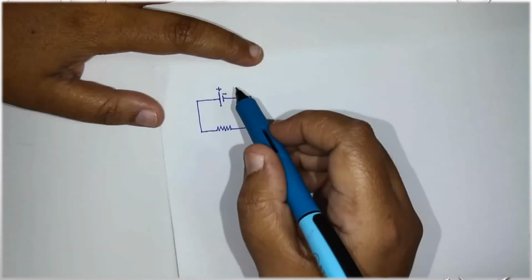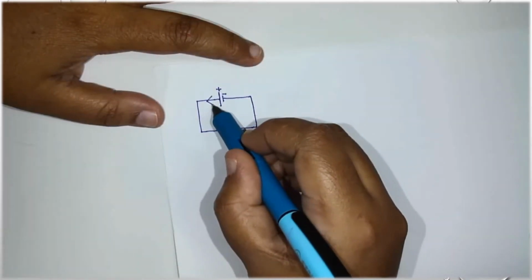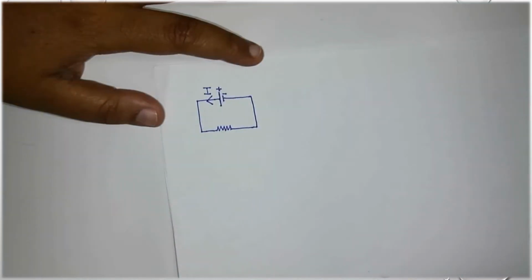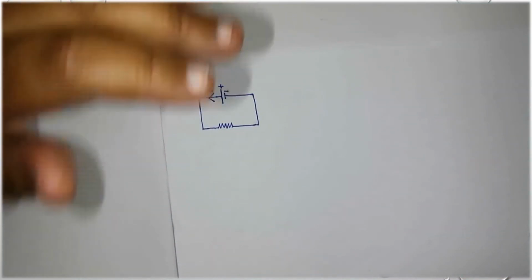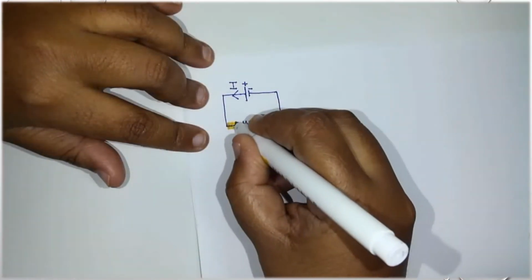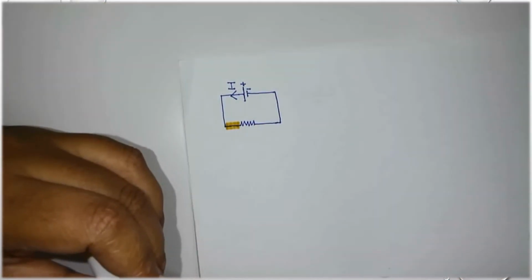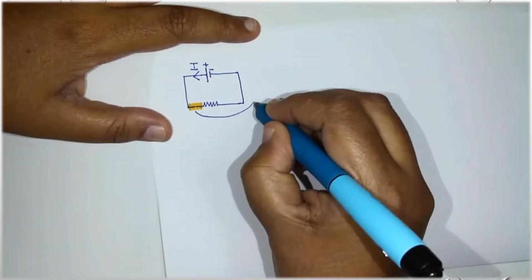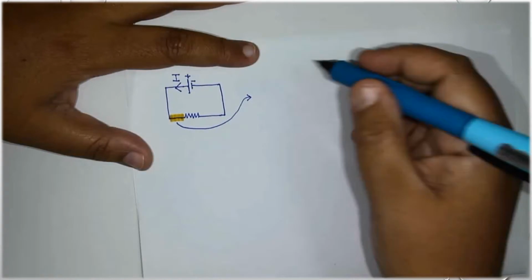We know when the switch is closed, that means the current flows. So what we're going to do is cut a certain part of the wire, and I'm going to talk about it. So it's like this.